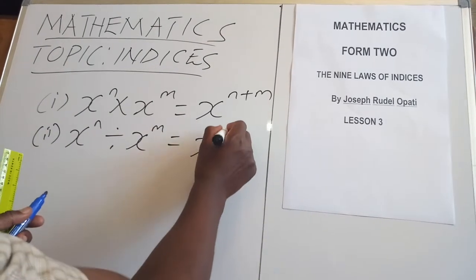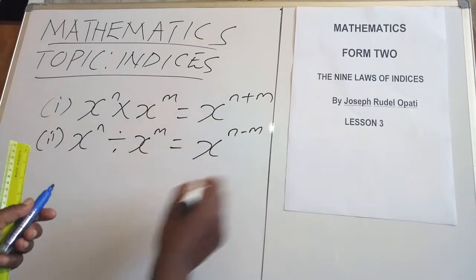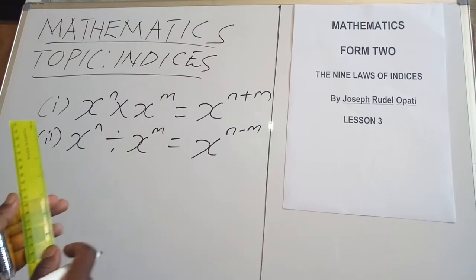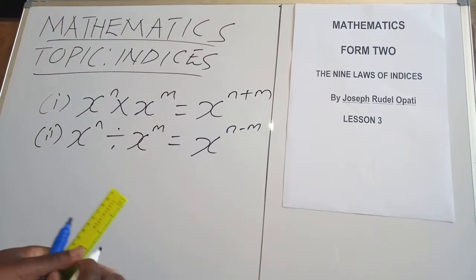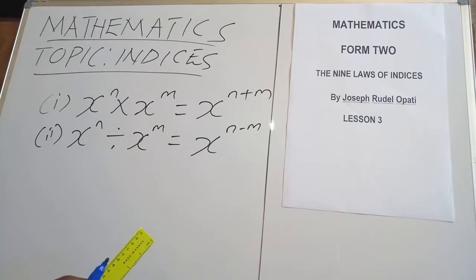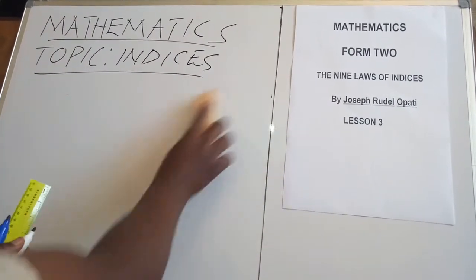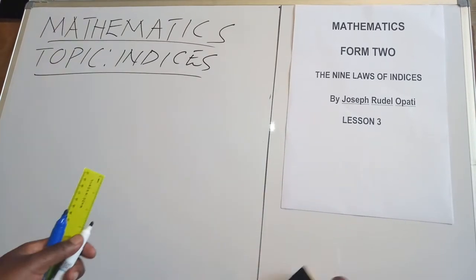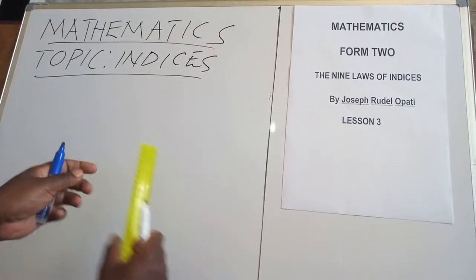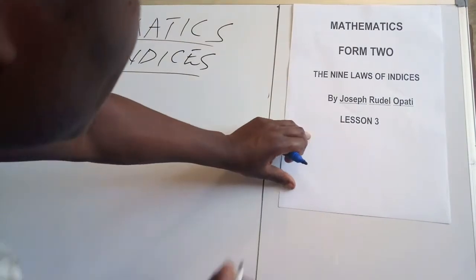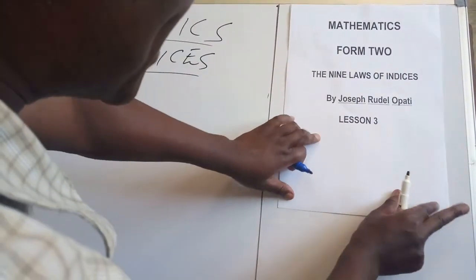The outcome was you subtract the indices or the powers. So today we go to our third law. Let's see how the law is stated, and of course verify it and see its application.